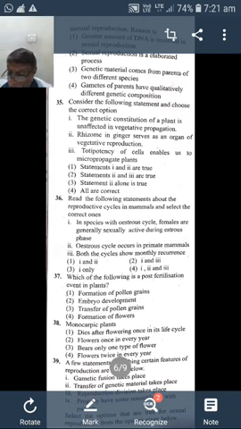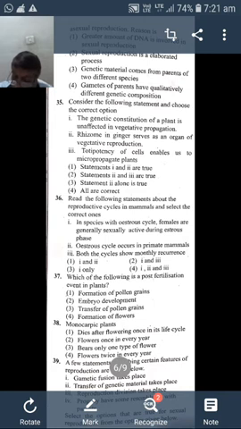Next, sexual reproduction can be grouped into how many distinct states? Two, three, four, five. Into three distinct states.